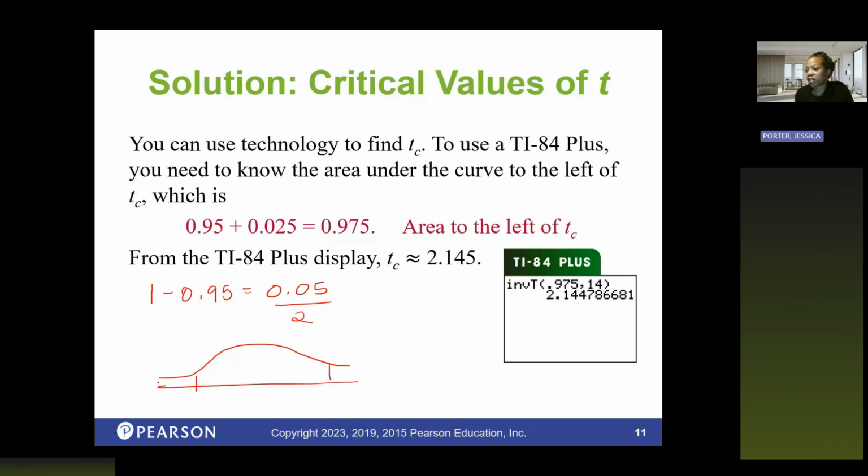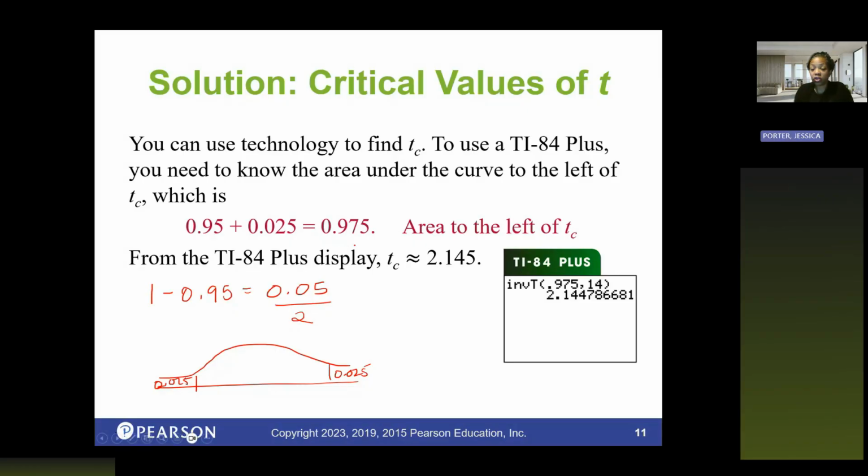So here I have 0.025, and here I have 0.025. Well, this 0.975 is coming from, they're taking this whole 95 and they're adding to it 0.025, which is here. So this 0.025 plus the 95%, and they get the 0.975. That's how they get that number.